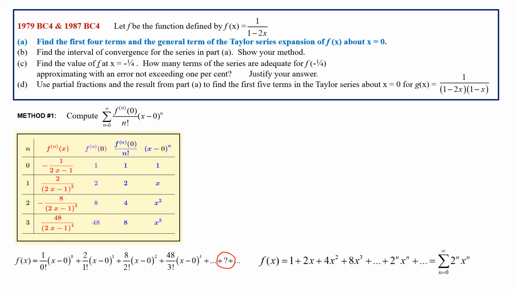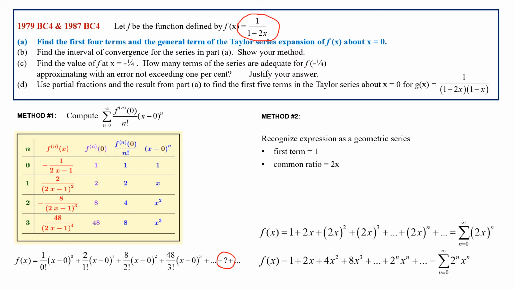Or you could come back to here and realize that this looks like a power series, and more specifically, a geometric series, whose first term is 1 and whose common ratio is 2x, which means I don't have to do all this work over on the left. I could have just said, here's my first term, it's 1.